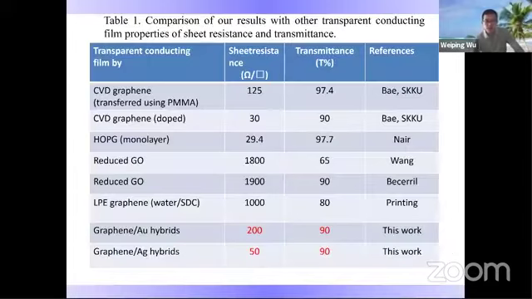This table summarizes the performance of these transparent conductors. Our solution processed graphene transparent conductors are comparable to the performance of CVD graphene, which consumes a lot of copper resources and relies on very expensive equipment.